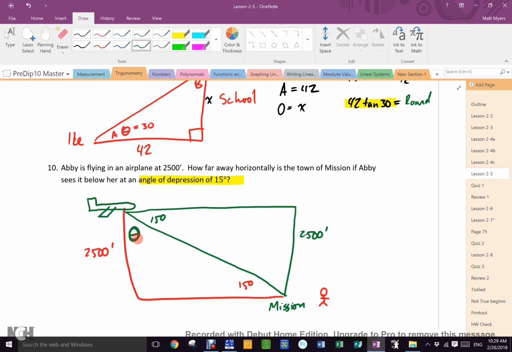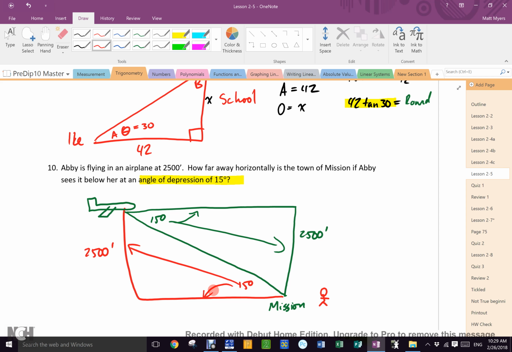So don't do that. So you either have to do this or the red one. Does it matter? No, because you are still using opposite for the vertical and adjacent for the horizontal. In red, opposite, adjacent. You're still going to use tan no matter what.